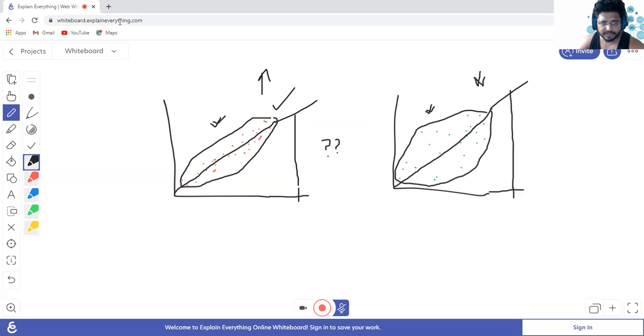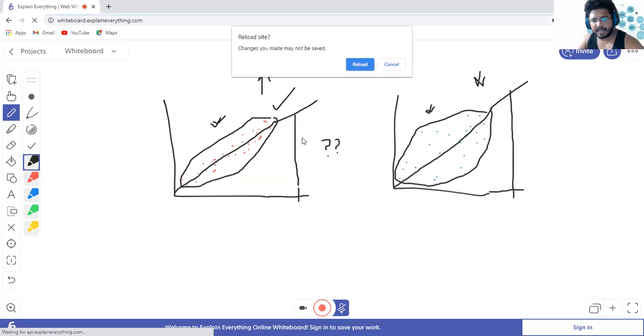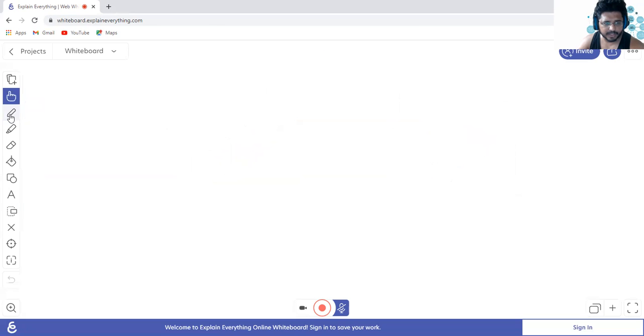So how do we find that? We find that with the help of a concept called R square. R square is the first step in determining how good a guess will be from the best fit line. Okay. So how to calculate R square? Now, step by step, I will say. Okay. First step.